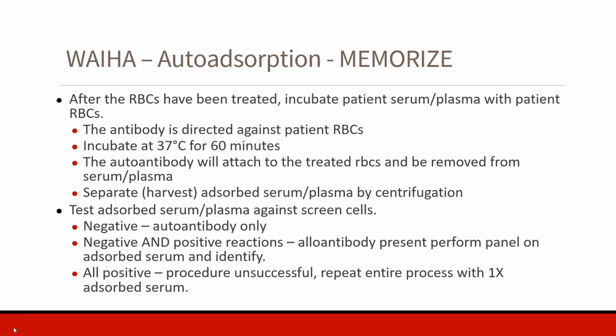If after doing this adsorption all the screen cells are positive, the procedure was unsuccessful, and you want to repeat the entire process with that same aliquot, the ×1 aliquot, again, add it to another aliquot of treated cells.